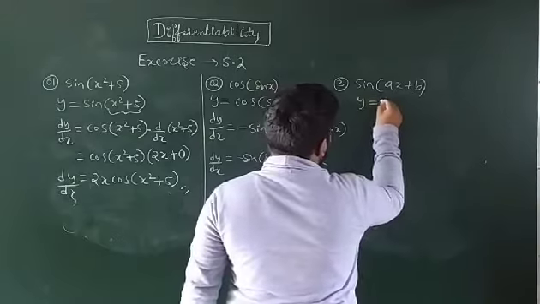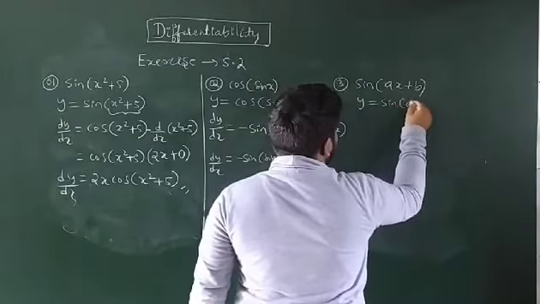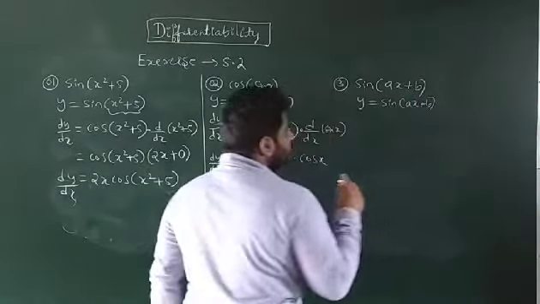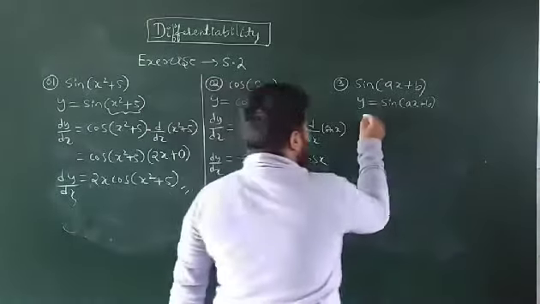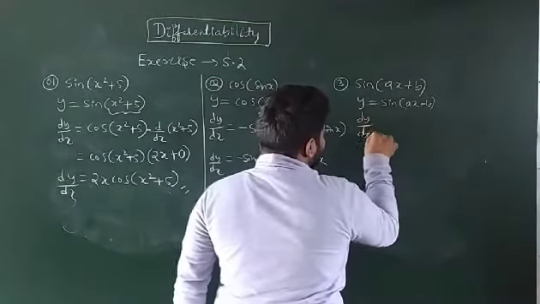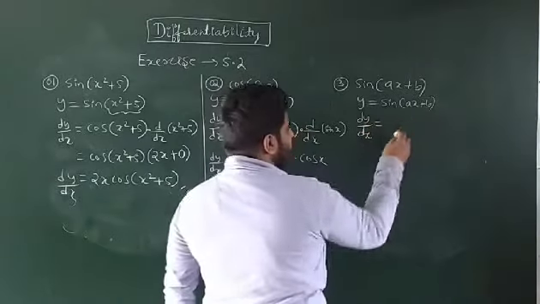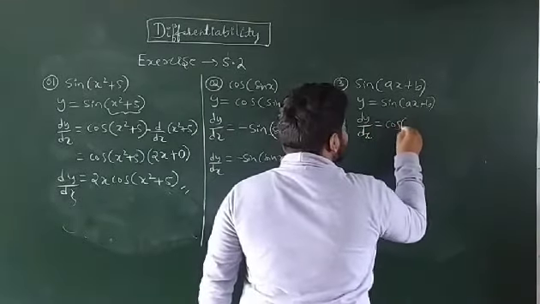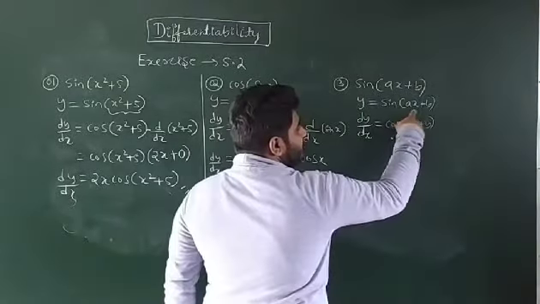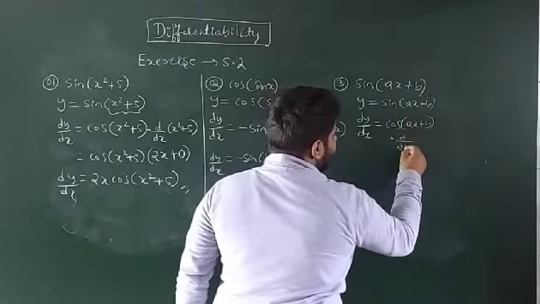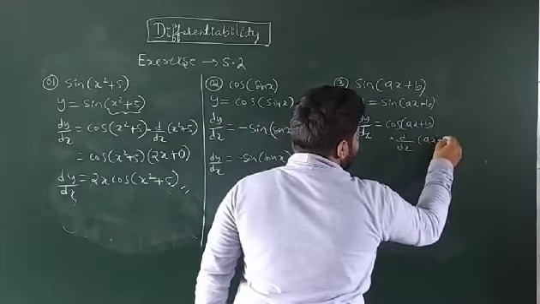Third one, sin of ax plus b. Take this as y. y equal to sin of ax plus b. Now we should find the derivative of y, nothing but dy by dx equal to the differentiation of sin, which is cos of ax plus b, right? Into the differentiation of ax plus b, d by dx of ax plus b.